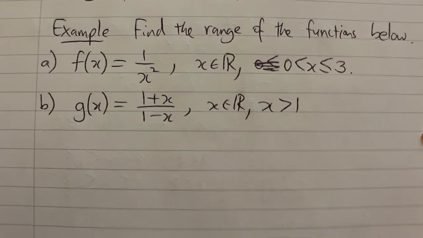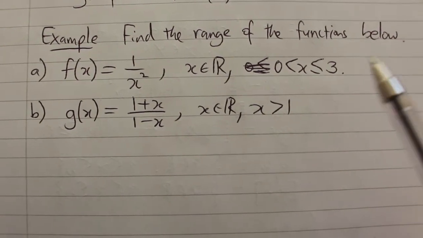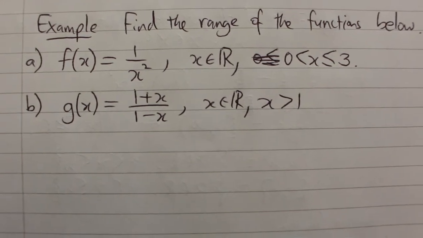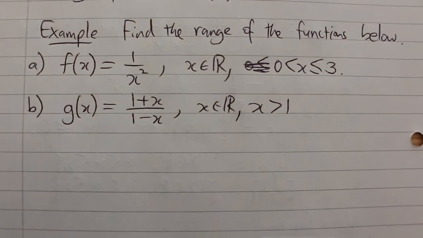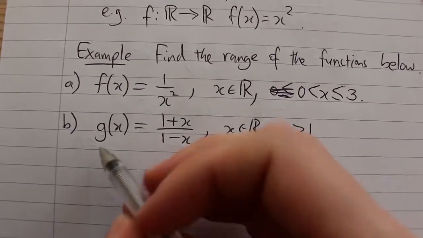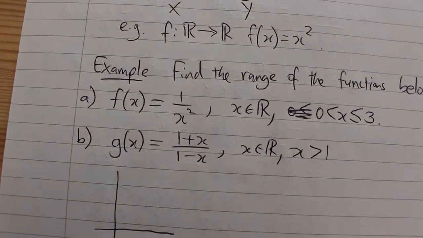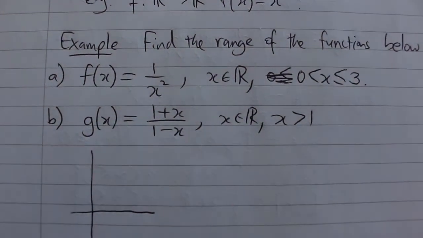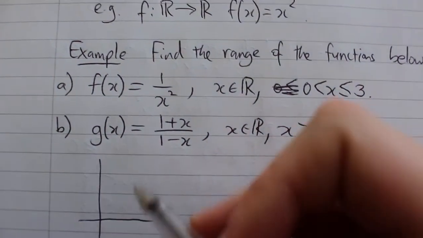So often with questions about the range, it can help to think about the graph of the function if you know what it looks like or are able to sketch it. So in this case, f of x equals 1 over x squared. Well, as x gets closer and closer to 0, 1 over x squared gets larger and larger.